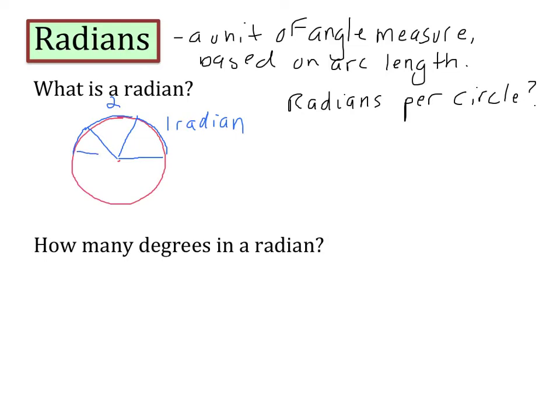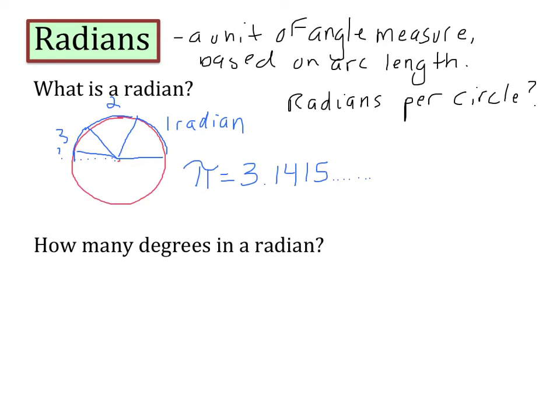And then 3 radians would be about here, and then we have a little bit left over. Now, if you're familiar with the irrational number pi, you know pi is about 3.1415, and then it keeps going and going and going.